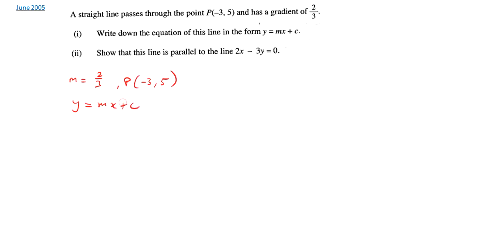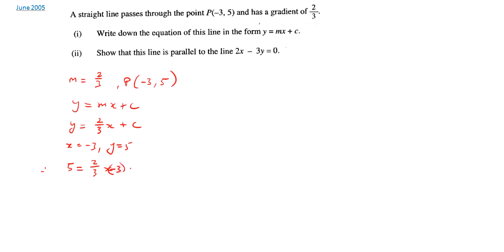mx plus c is the general form. So we know that m is 2/3, so it'll be 2 over 3x plus c. So we need to find c. To find c, we need to plug in, say, when x equal minus 3, y is equal to 5. And therefore, 5 is equal to 2 over 3x, but x is minus 3.